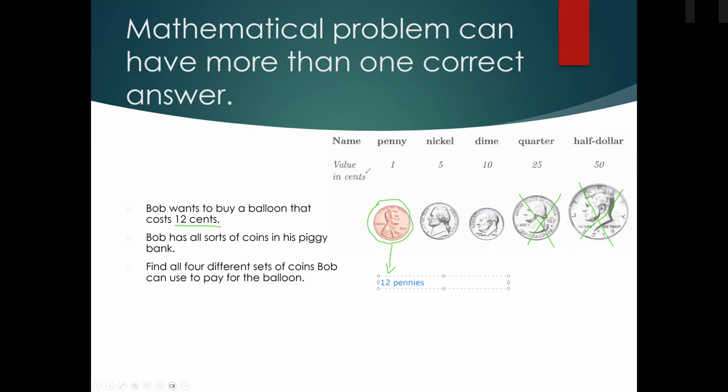If we consider the nickel, let me draw an arrow here, we can make a combination starting off with 1 nickel and 7 pennies, and we can even do 2 nickels and 2 pennies.